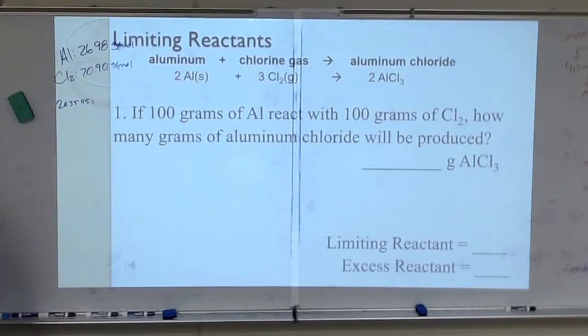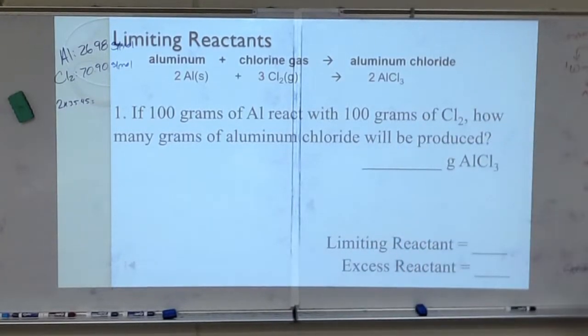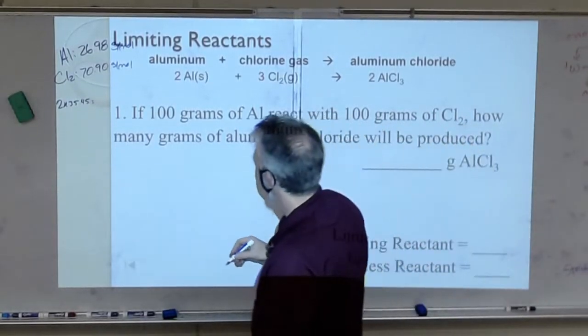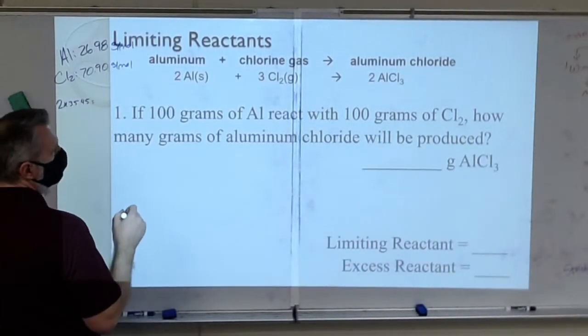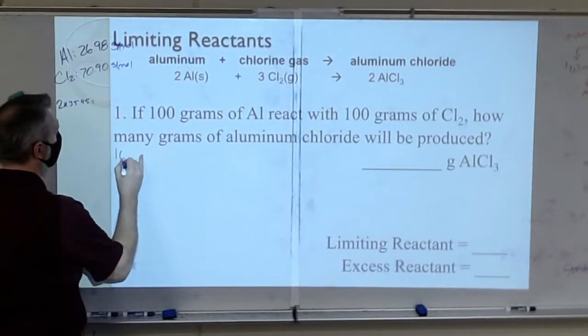Write that down somewhere on your paper so you have it ready to go. All right, so 100 grams of aluminum. Let's do that one first.